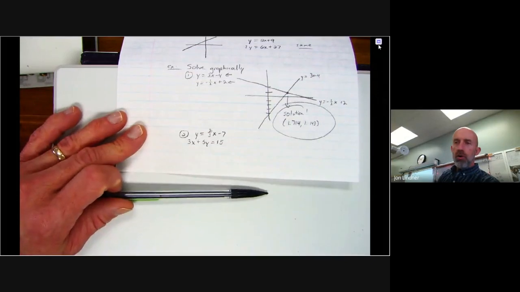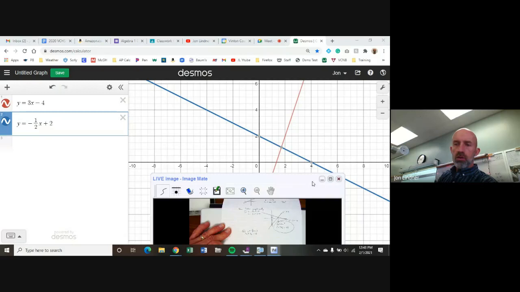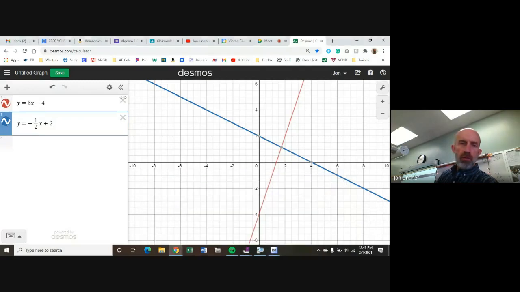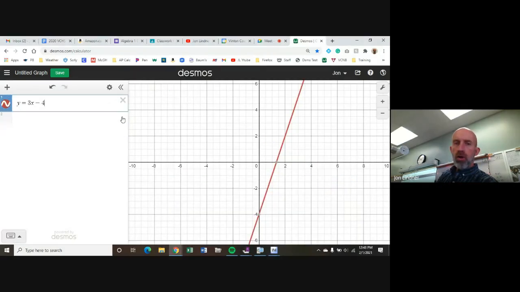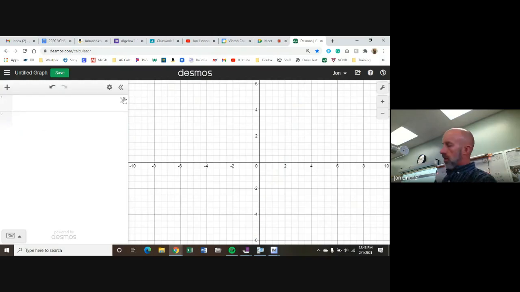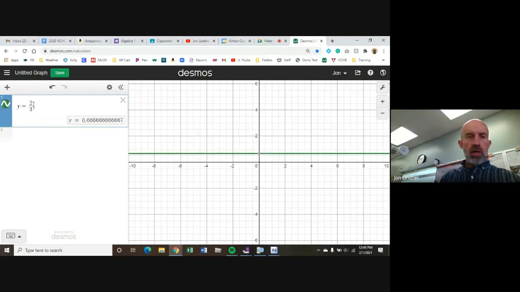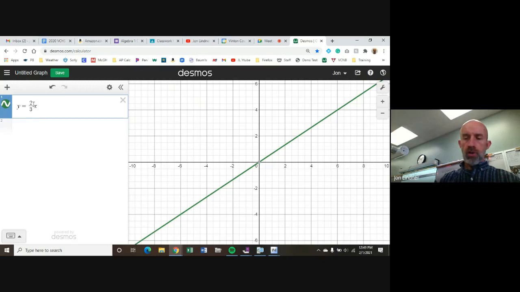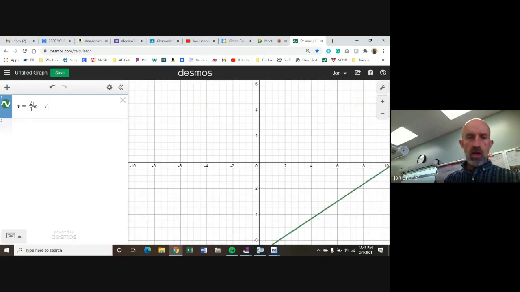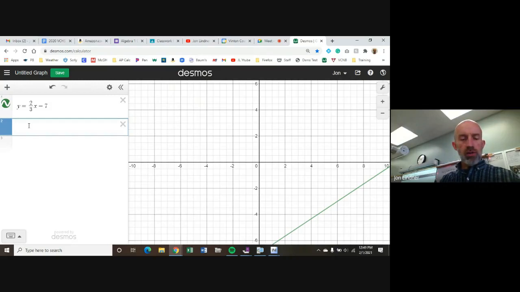I'll go to Desmos. Clear out what I had before. Put in my two equations, y equals 2/3 x minus 7, and the other one was not solved for y.